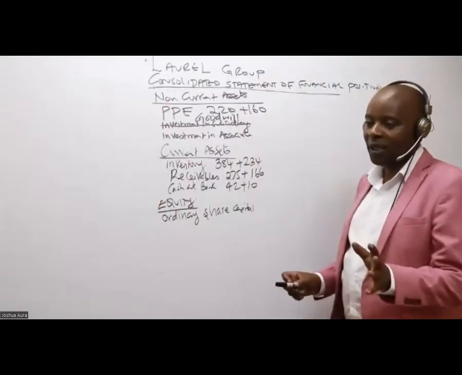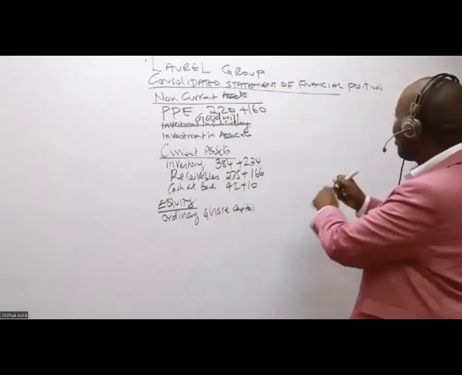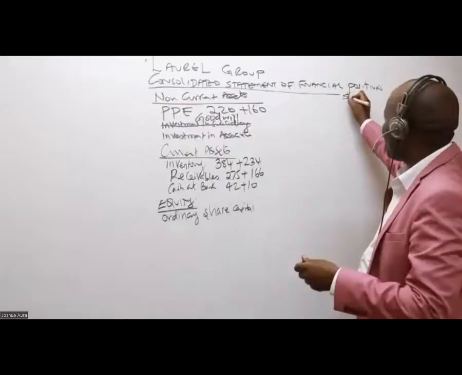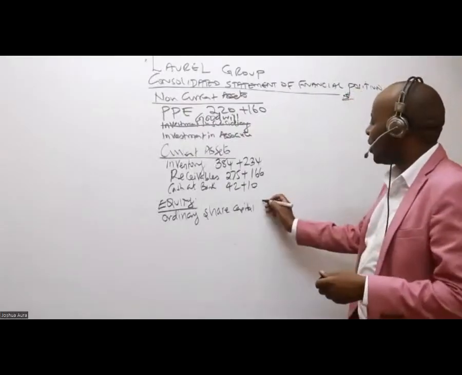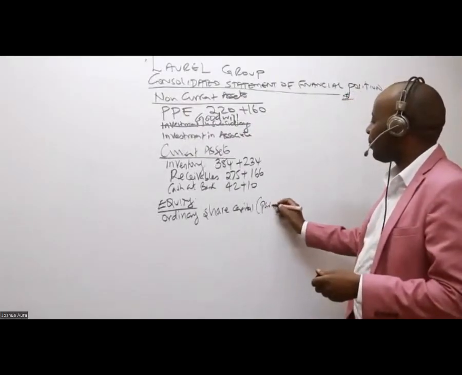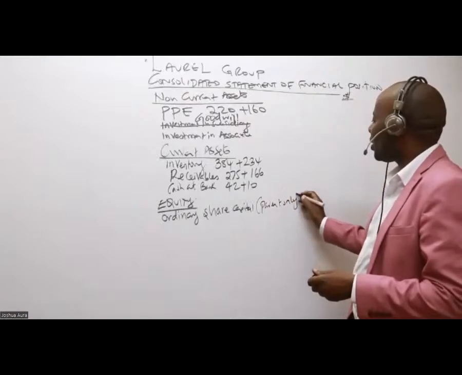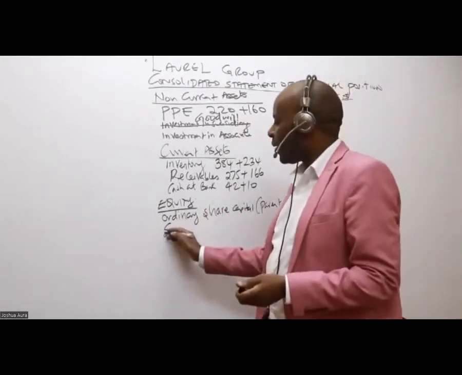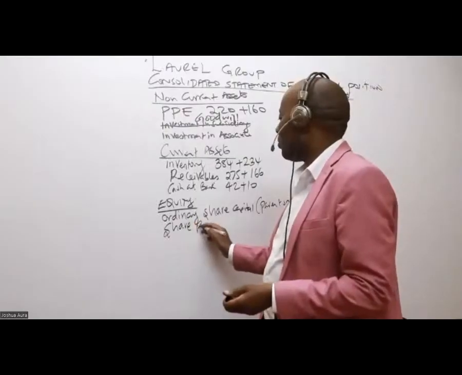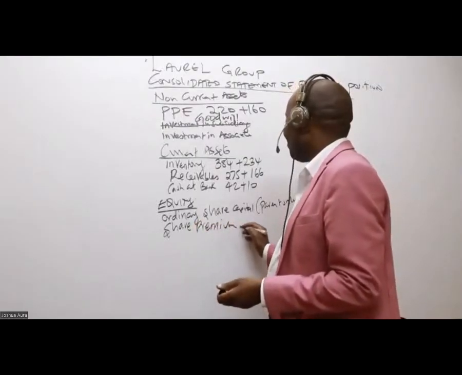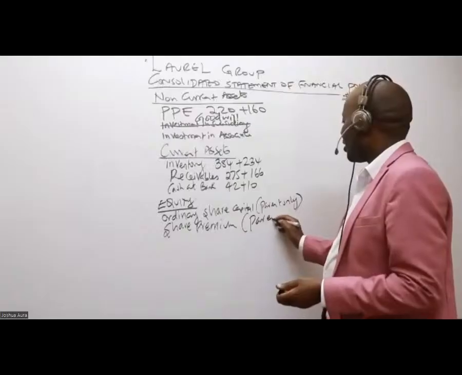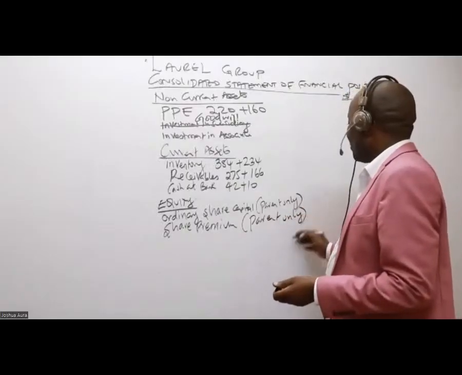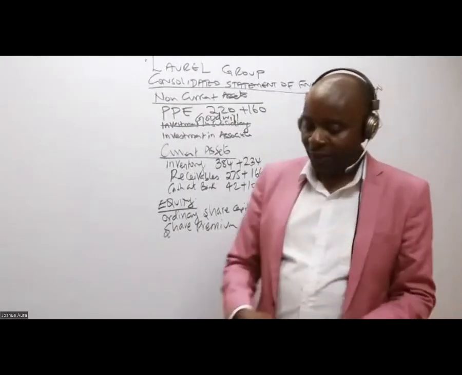You take this to the corner where you have your shillings or dollars. So ordinary share capital, parent only. The same case with share premium. These are free marks normally. Share premium is parent only.